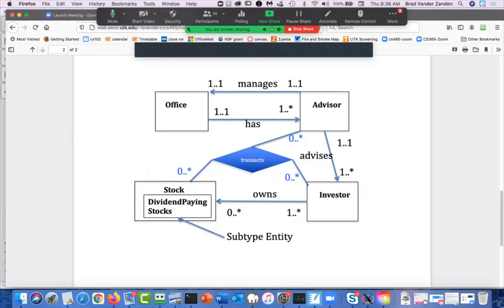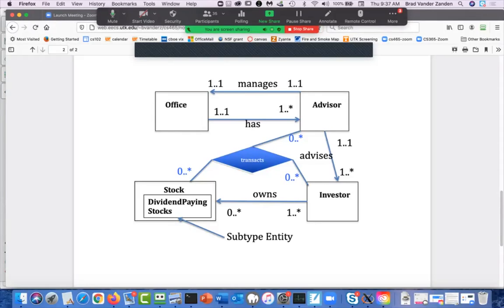Now, this is a many-to-many, and it can go either way, but I want an action verb, and it's more active to say an investor owns stock than to say a stock is owned by investors. That's passive, the to-be verb there is. So it's better to go that way. The transactions are undirected as far as the edges. Remember that diamond-shaped relationships are undirected.